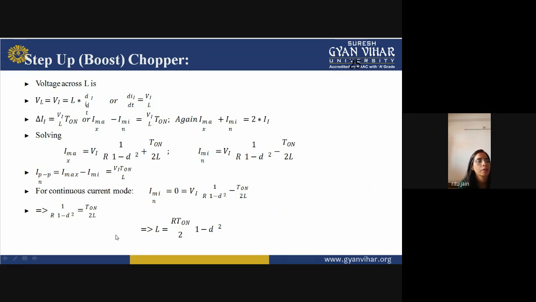Now, R into 1 upon (1 minus D) square is your T on upon 2L. So by this equation, you can easily get the value of your inductor.